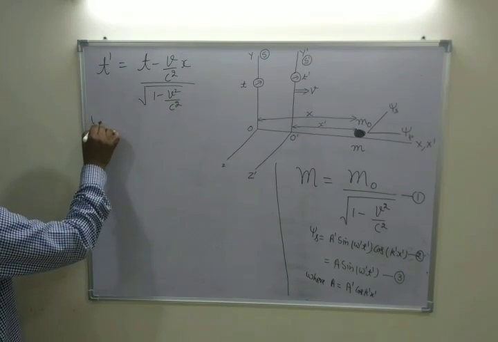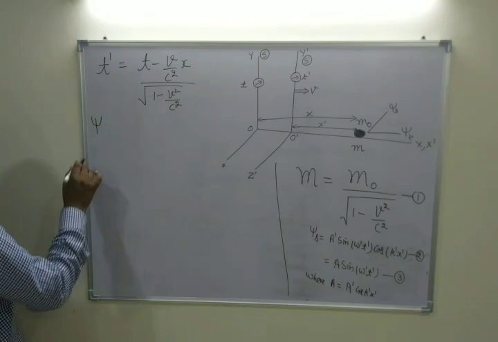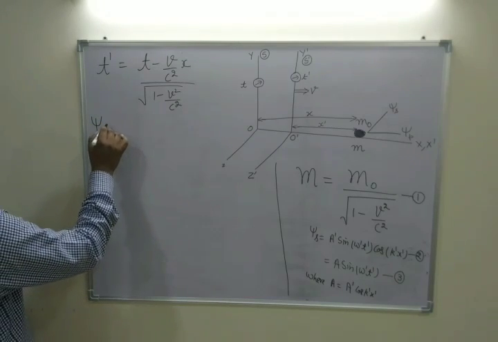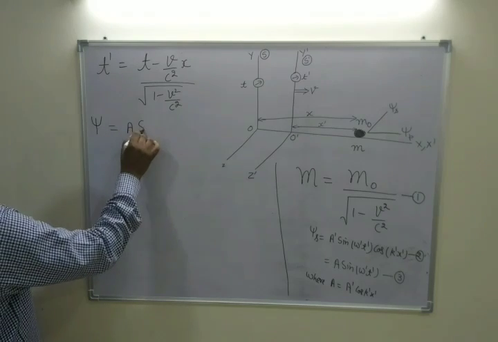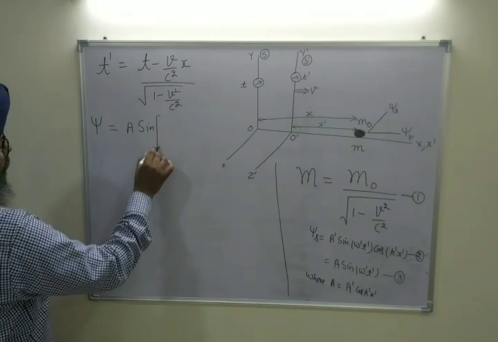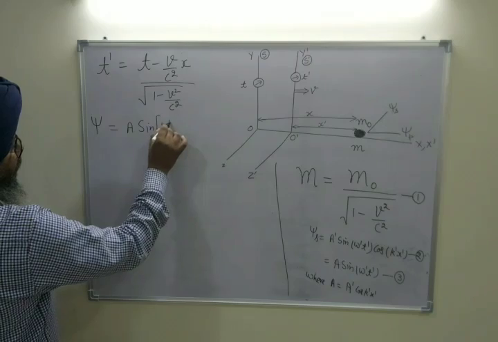Therefore, the new wave function in S will appear to be psi, and it is now given by A sine, I would put a square bracket here, omega dash.